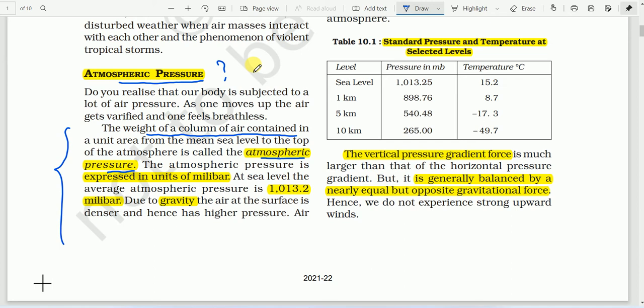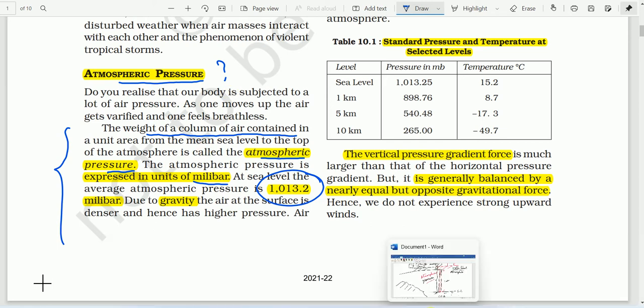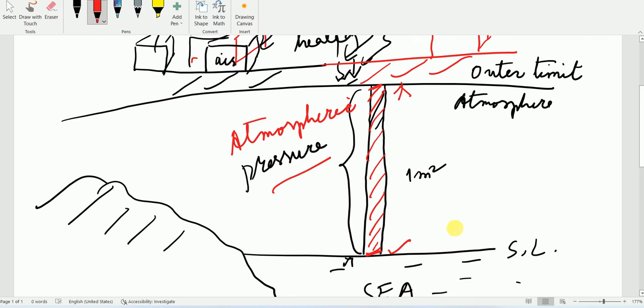The atmospheric pressure is expressed in units of millibar, that is 1000th of a bar. At the sea level, the average atmospheric pressure is 1013.2 millibar.